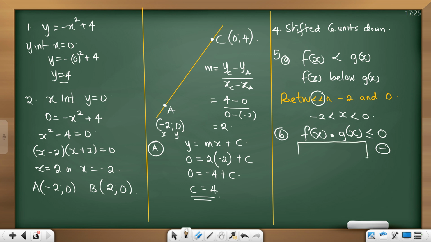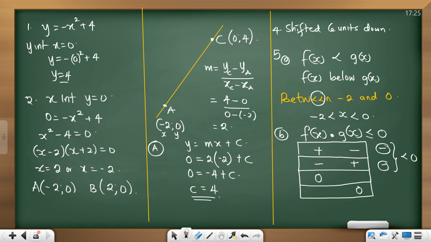What two signs should I multiply to get a negative? Positive and negative, or negative and positive. That is, when f of x is positive, g of x should be negative, or where f of x is negative, then g of x should be positive. This tells me I am getting a negative answer less than 0. But then the examiner also said it must be equal to 0. Anything multiplied by 0 would give me 0. So it's either f of x is 0 or g of x is 0.